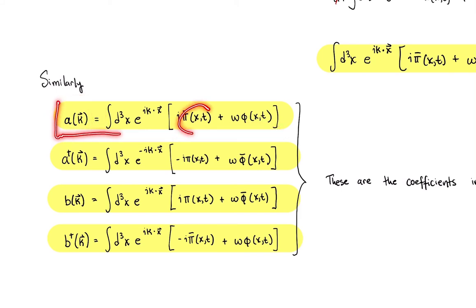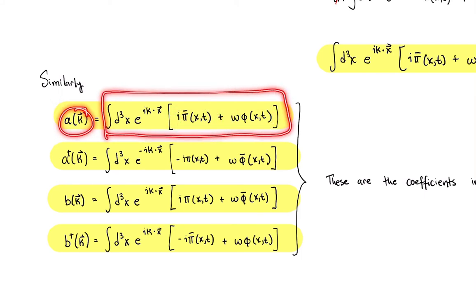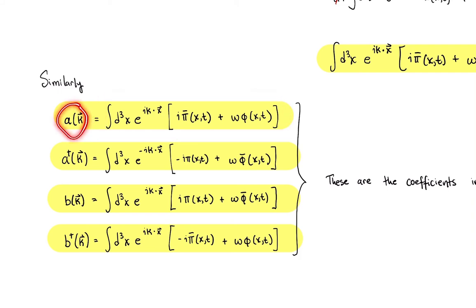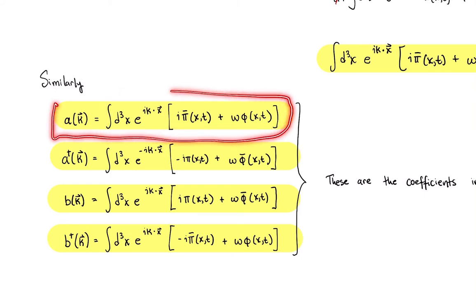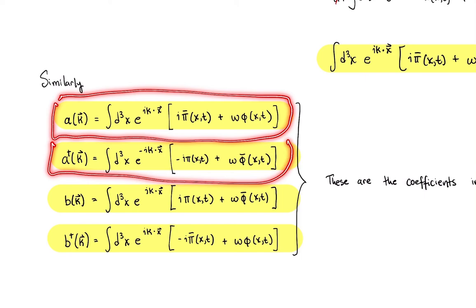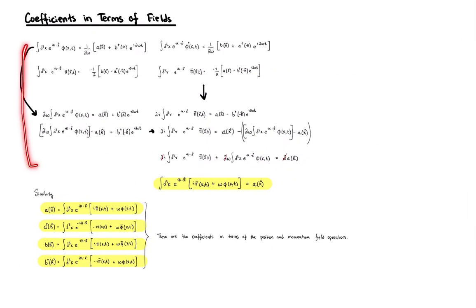If you know what these things look like, and you can take this integral, then you can figure out a of k. Likewise, if you know a of k, you can figure out what this integral is supposed to evaluate to, right? So these are very useful, and we can calculate all these using this very similar method I've done up here, right?